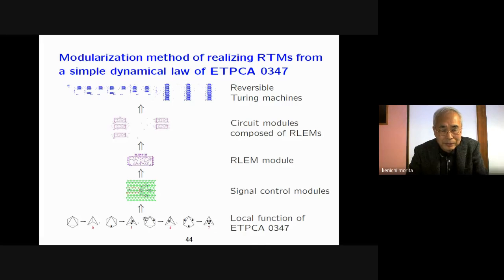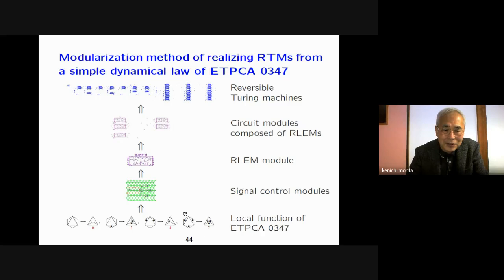Appropriately finding this path is a key point. Of course, it was indeed very difficult to find this path. But anyway, I started 3 or 4 years ago.